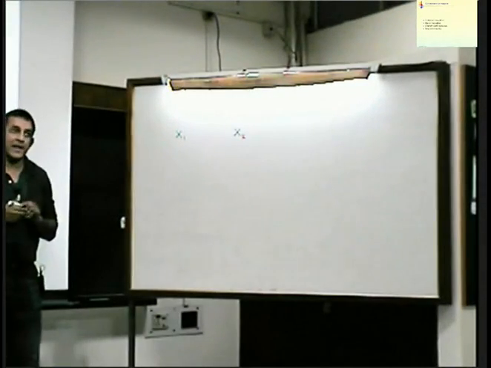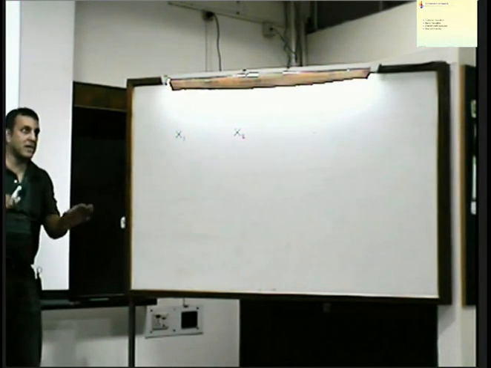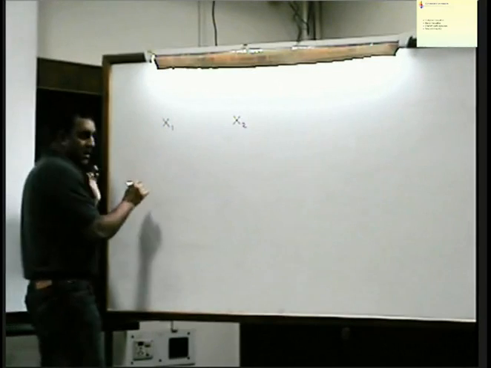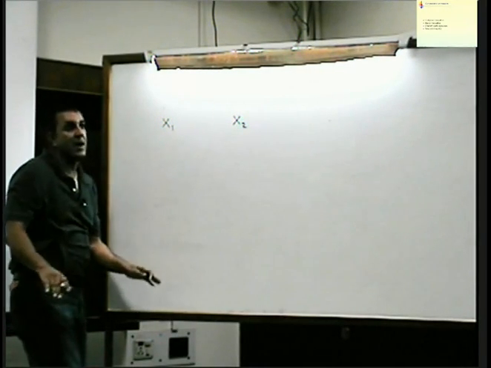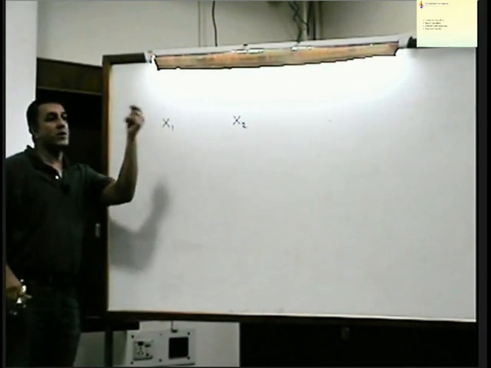I have two random variables, and suppose they are like normal random variables. I just need a name to attach to it. You can think of any random variable that you want. But think of them as, maybe they are coin tosses.